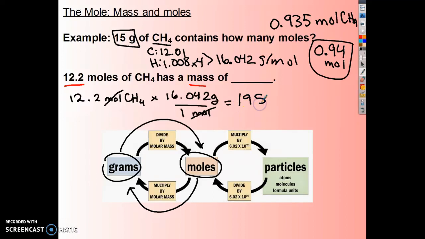But obviously that's too many significant figures, so we need to go down to 3 significant figures. So 195.7 turns into 196 grams of CH4 in 12.2 moles.